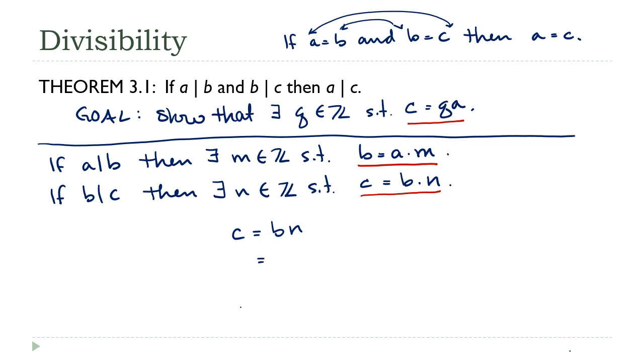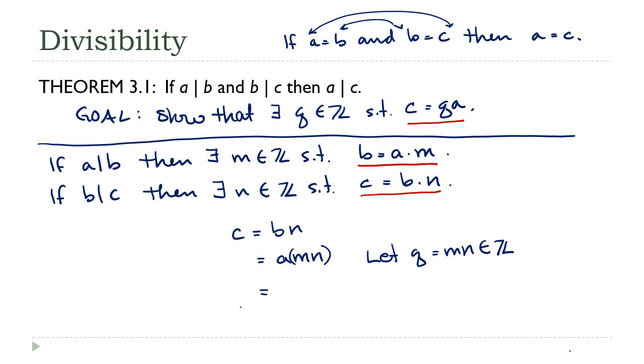This is equal to A M N, and if I group these, M is an integer, N is an integer, so their product is an integer. So I'm going to say let Q equal M times N, and that is an integer.